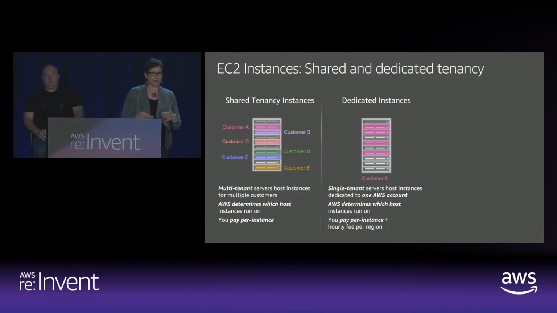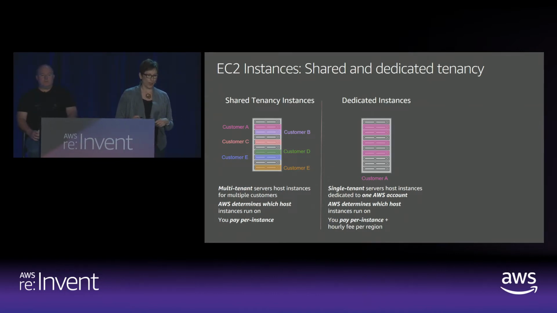What we do make sure, though, is the host that it launches on is also only used by that same one AWS account. With dedicated instances, you pay per instance, and then we also have an hourly region fee for all of your dedicated instances. So you can run as many dedicated instances in that AWS account as you like, and you pay once for all the instances in that region per hour, in addition to your pay per use for the instance.